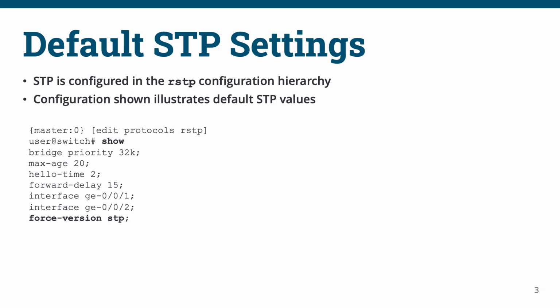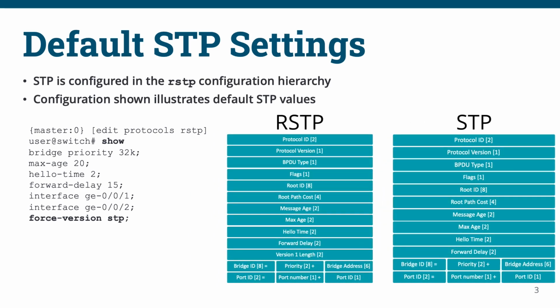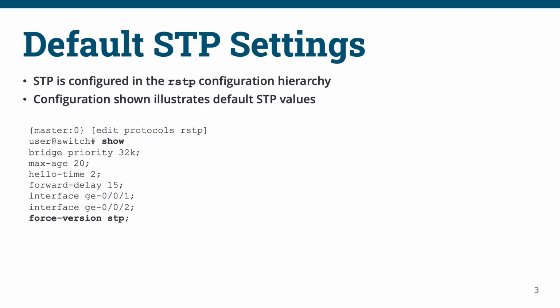This is mostly possible because the BPDU frame format is identical between the protocols. The protocol version and a few other fields in the frame are just populated with values used for STP instead of RSTP, so the participating switches know to follow the process in STP instead of RSTP.